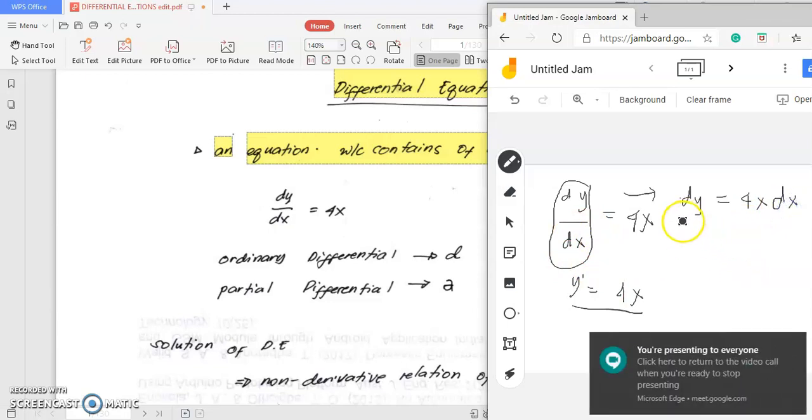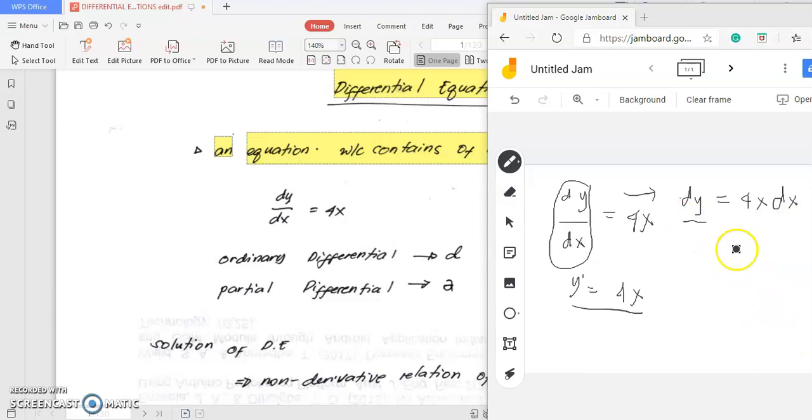Now, if you could see, dy here only contains y, and your dx, the differential dx, contains the same variable, which is x. So in this case, this is already separated. Okay? So this is how you do differential equation, sir. Is differential equation clear now? Yes. Differential equation is just the separation of those variables and differentials and derivatives in order for you to integrate.